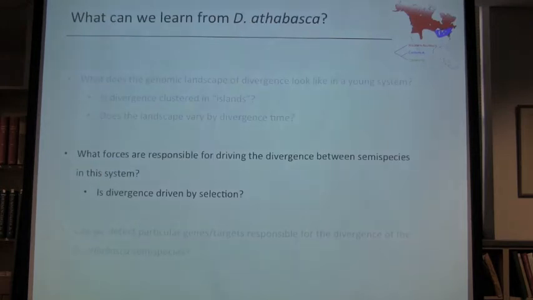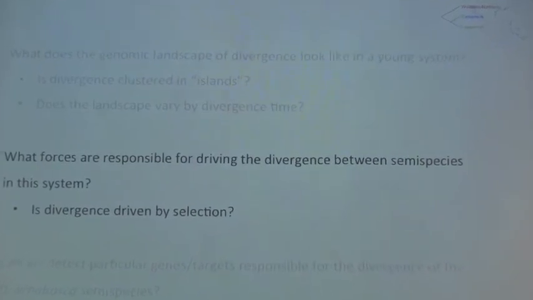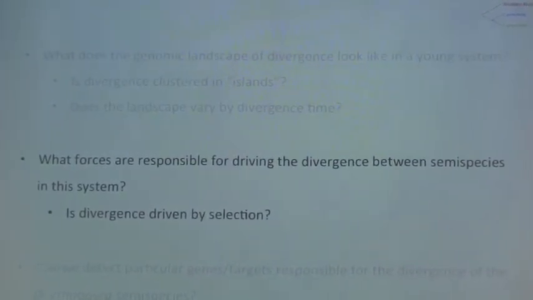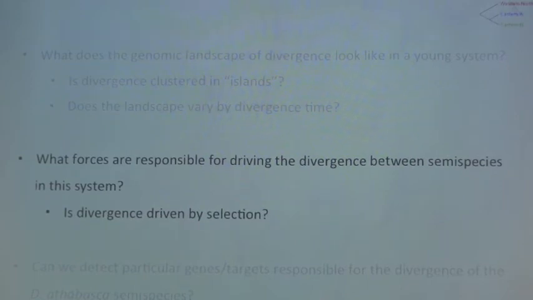So we wanted to know what forces might be responsible for driving the divergence in these semi-species. We see these peaks, but what is actually forcing them to be driven to fixation in these areas? We wanted to know, is the divergence driven by selection?